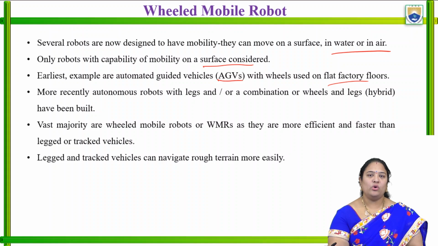Now, a robot which has n number of legs or a hybrid setup is being built for the automated guided vehicle. Those are most recently seen nowadays.